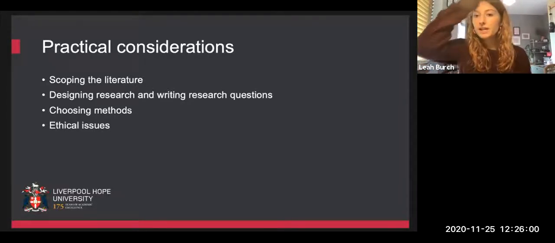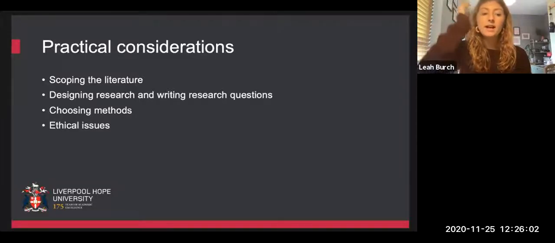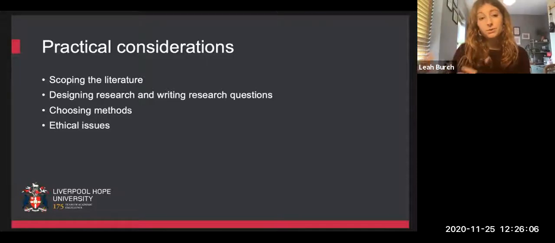So we'll be thinking about a range of questions. And again, looking at ethical issues is important because when you come to do your project next year, you will have to take part in ethical review. So it's good to think about some of those key ethical issues now, so that later down the line, you kind of know what to expect.